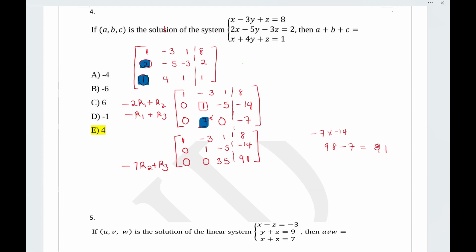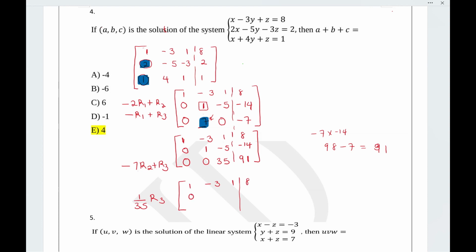So I think we can stop here. So what does this mean? We can decide to take this to 1. And how can we do that? We can say 1 over 35 R3. So this is 1, minus 3, 1, 8.